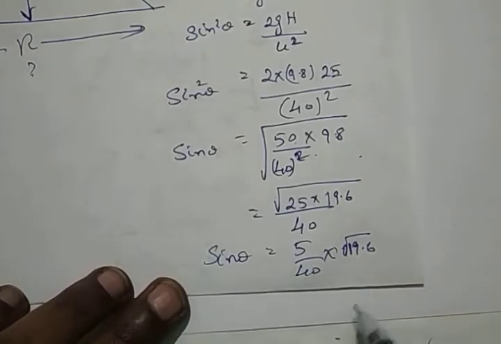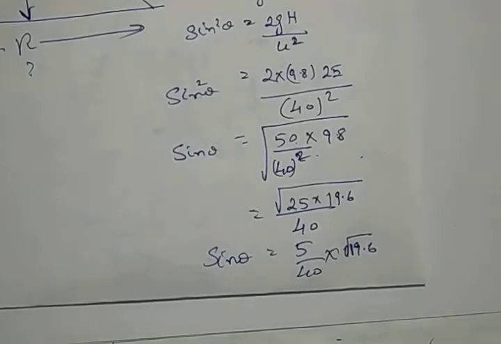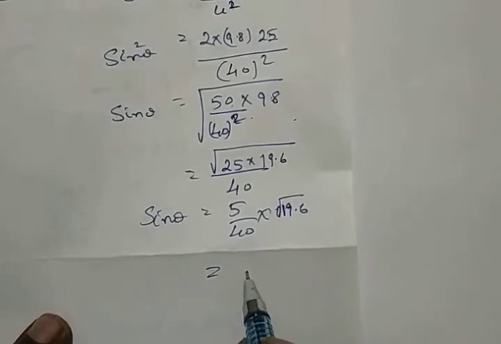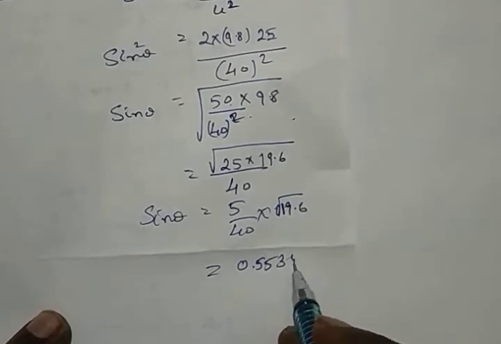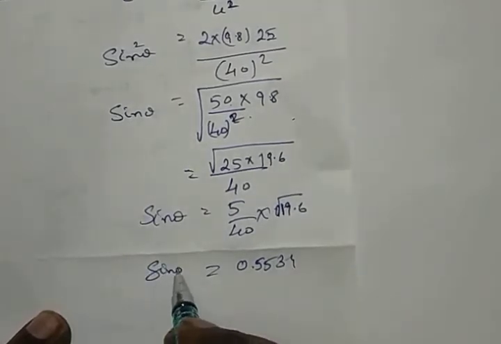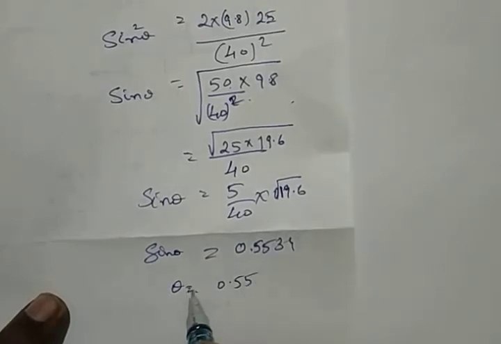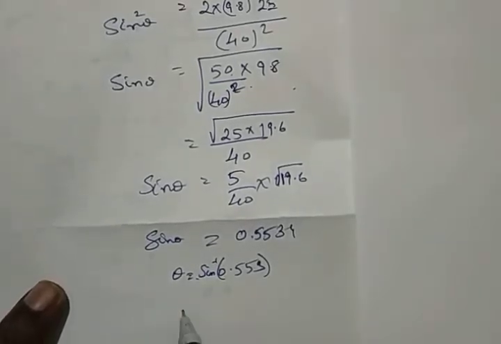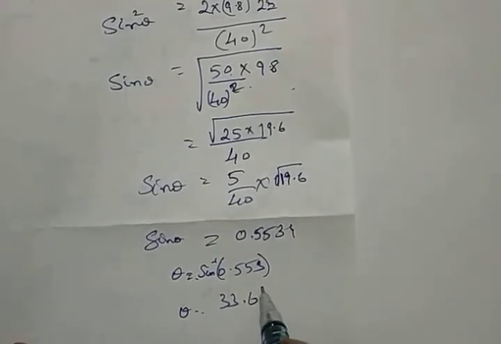This can still be worked out to become a kind of proportion where you can bring things outside. So finally you get a value as 0.5534. That is sine theta. So theta is going to be equal to sine inverse of 0.55. That will be the way you can find out. So theta, finally, you will get 33.6.